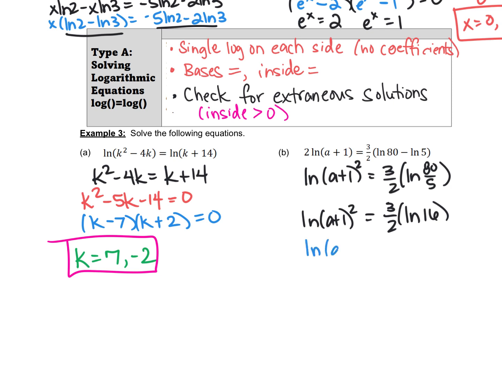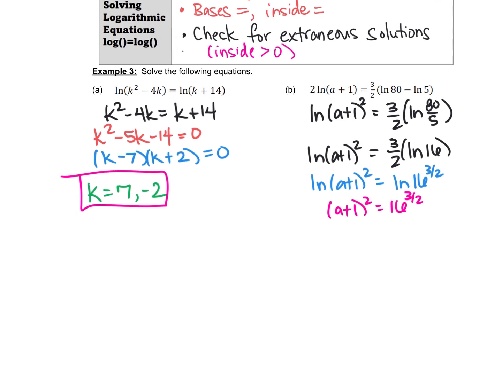So I have ln a plus 1 squared equals the ln of 16 to the 3/2. So now I've got an ln on each side. We can drop the ln. I've got a plus 1 to the second equals 16 to the 3/2.